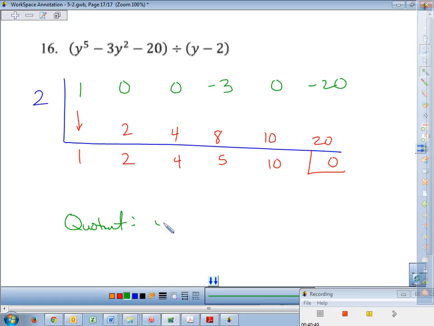Make sure you use the right variables also. A lot of people use x's all the time.